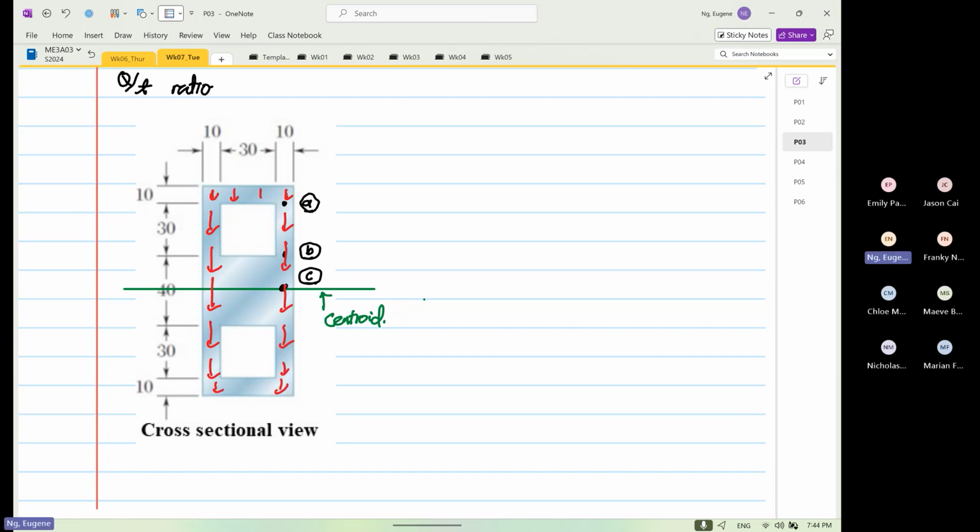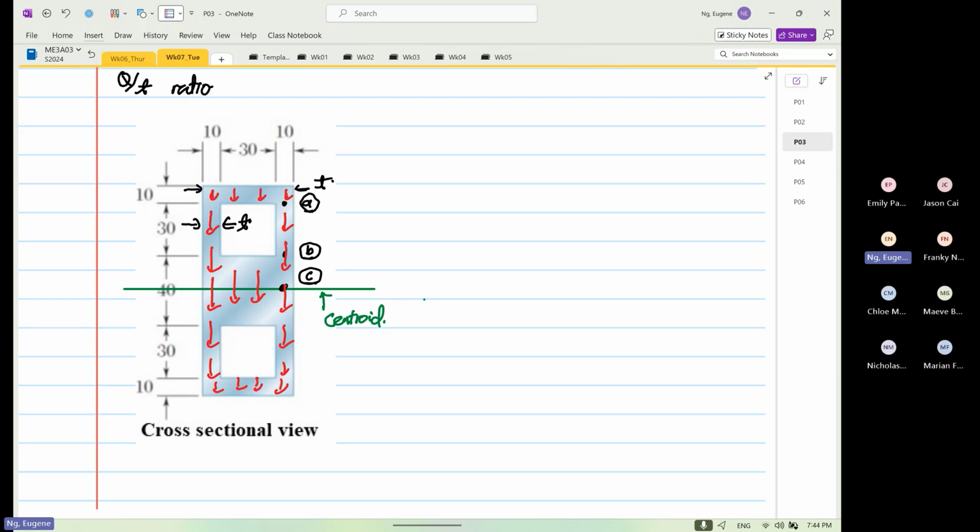This is how the shear flow will flow. So the rule says that the thickness is perpendicular to the shear flow. So we know that this is the thickness that will change. Or this also is the thickness, but this thickness cannot be changed because the perimeter has to remain what?